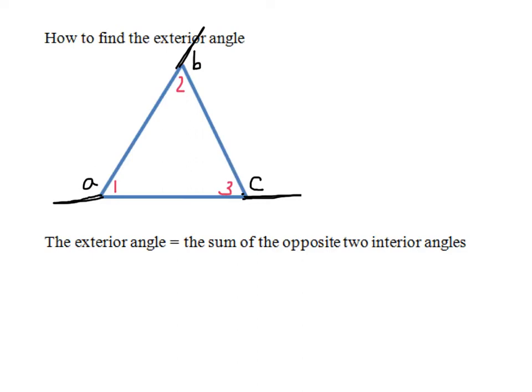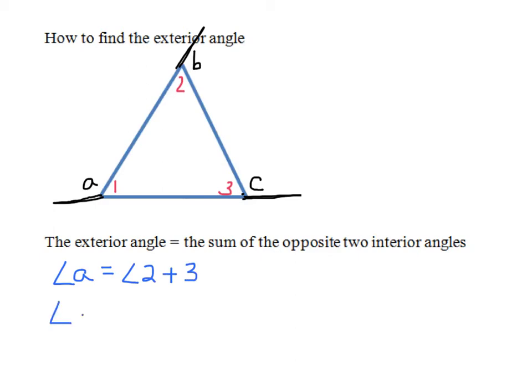Below the diagram, it states the exterior angle equals the sum of the opposite 2 interior angles. What that means is that angle A equals, what are the opposite 2 interior angles? Well, look across the shape and it would be angle 2 plus angle 3.